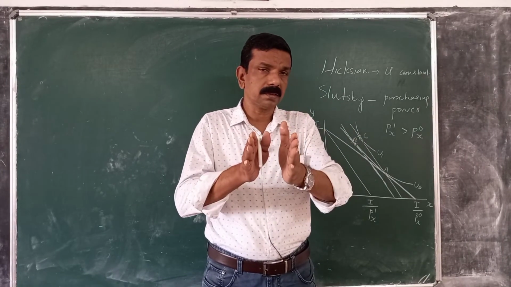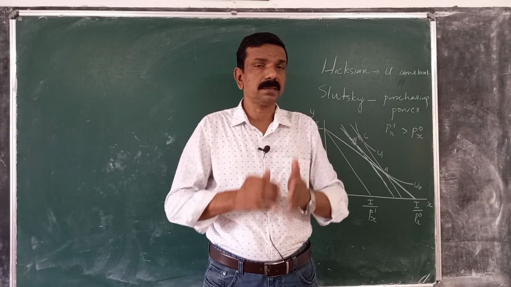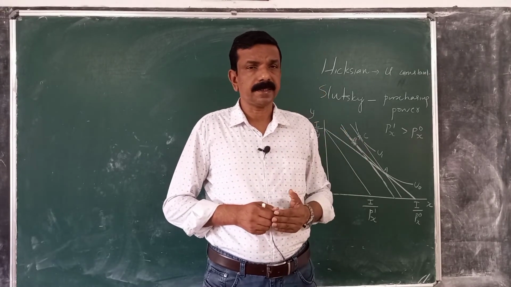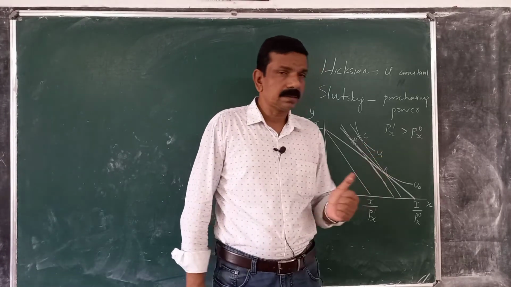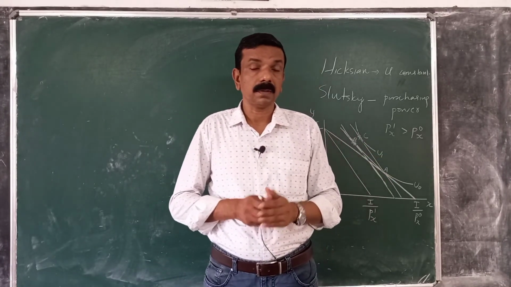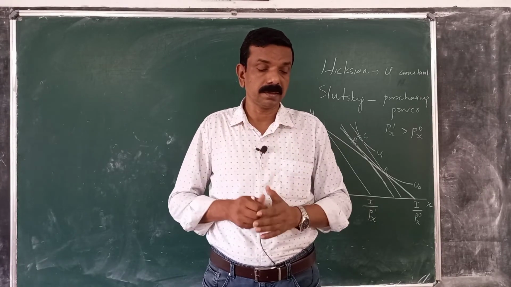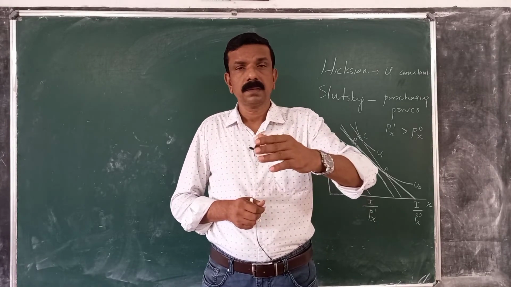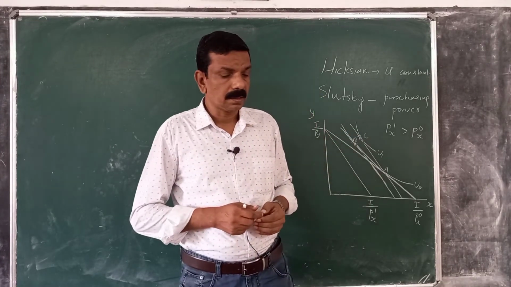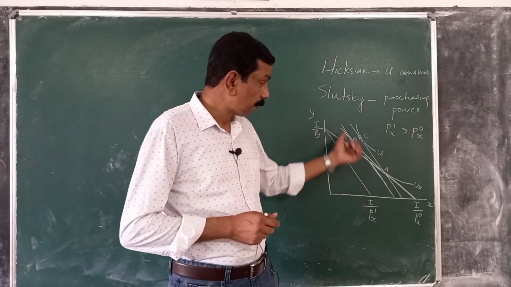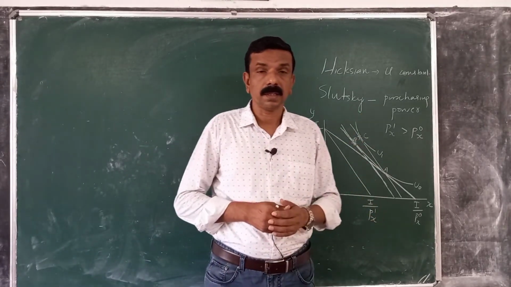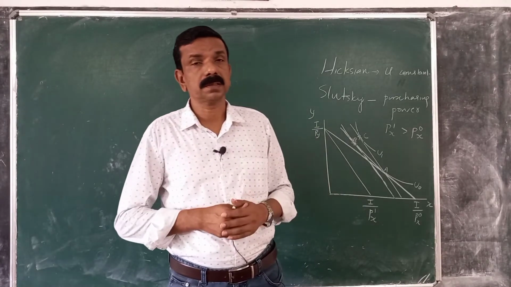So Slutsky's compensation has an advantage over Hicksian compensation, that it is observable in the market, or revealed. And as Slutsky's compensation is revealed, it can provide an approximation of Hicks compensation.